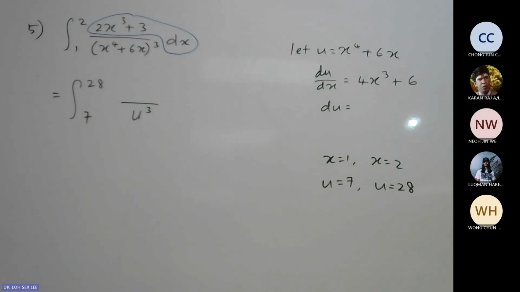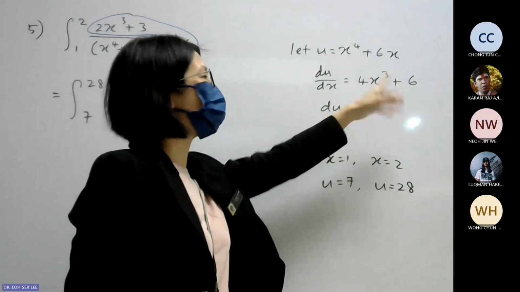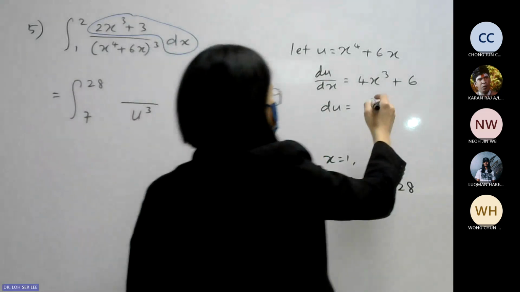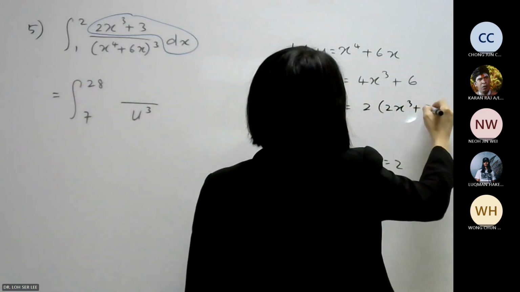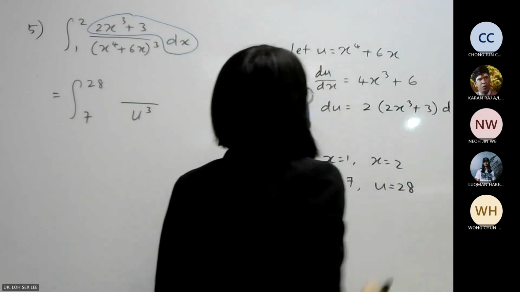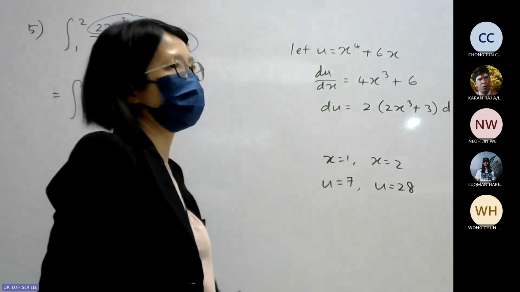So we have 4x cubed plus 6. So here we factorize the 2, and we move the 2 to the left.